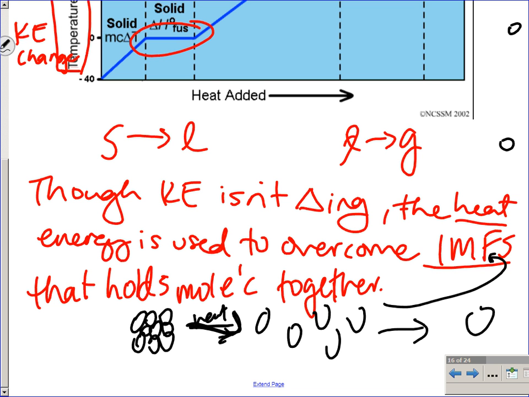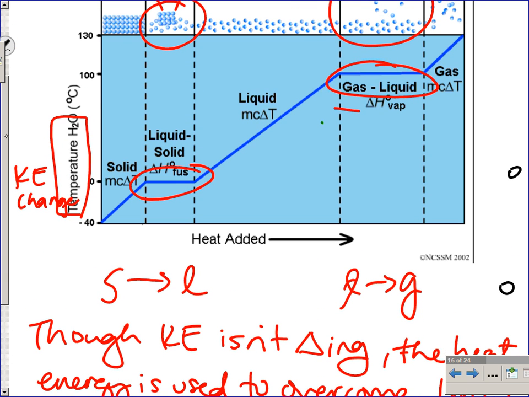So then water would have a lot of heat energy? Yes, because it has strong intermolecular forces. Do you notice that this is a short line, and this is a longer line? That's a really good point. This is just solid going to liquid, overcoming intermolecular forces some, but water is still pretty condensed.